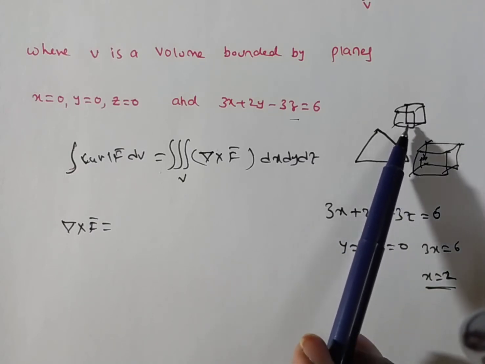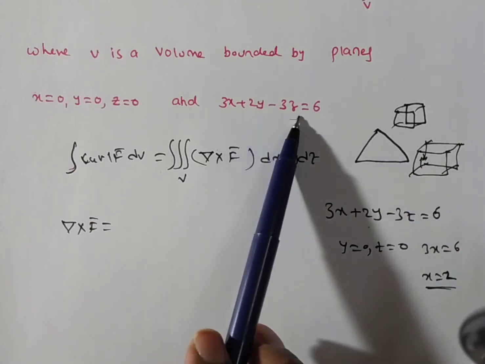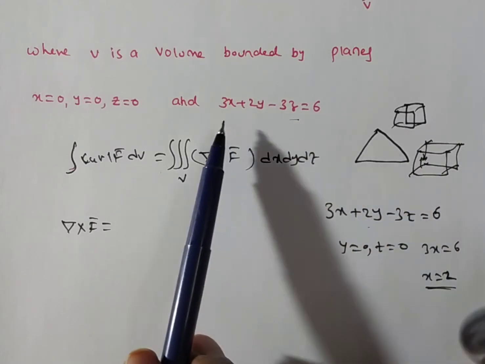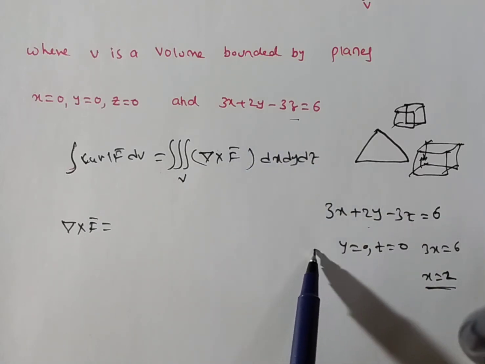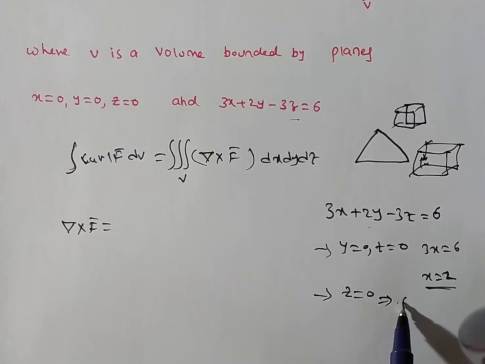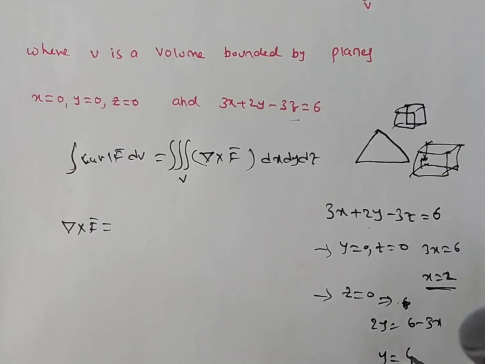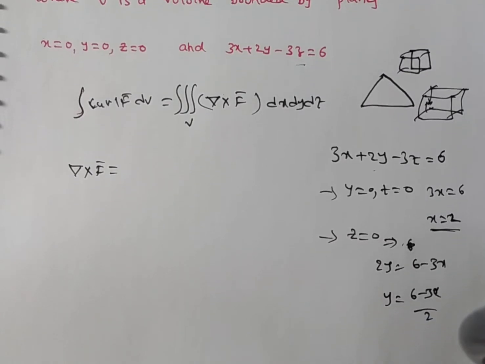That is the case when the region is bounded by a cube or cuboid, so what you have taken for that region is wrong. Now you put z equal to 0. That implies 2y is equal to 6 − 3x, so y is equal to (6 − 3x)/2. Okay, now I got the y value.